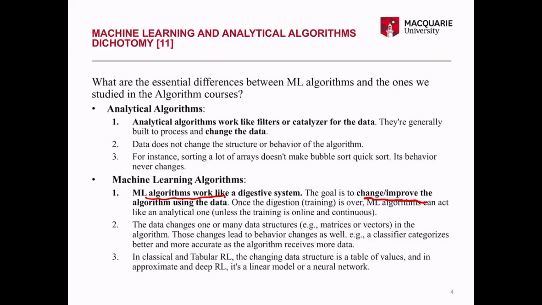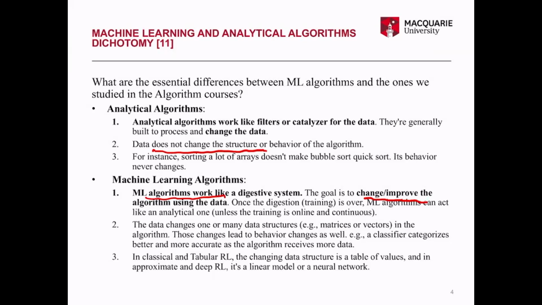And once the digestion or training is over, then machine learning algorithms can act like an analytical one, unless the training is online and continuous. And the other thing is that in the analytical one, data does not change the structure or behavior of the algorithm, whereas that's the whole gist of machine learning.